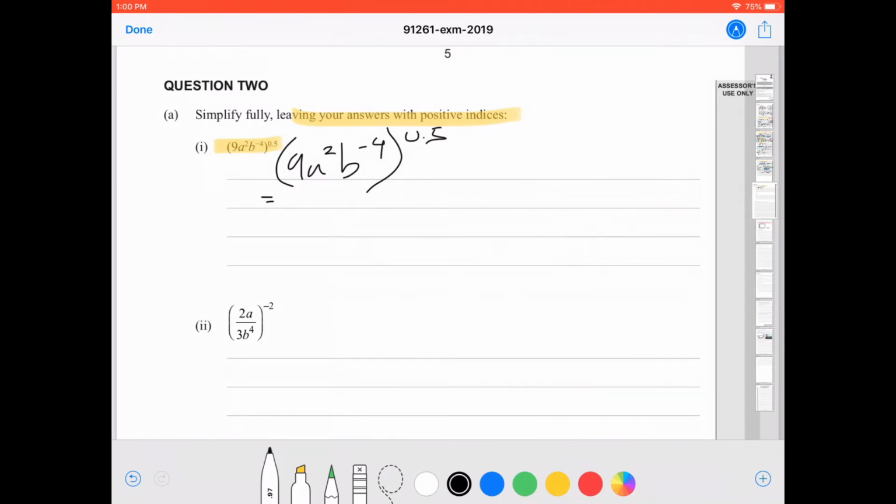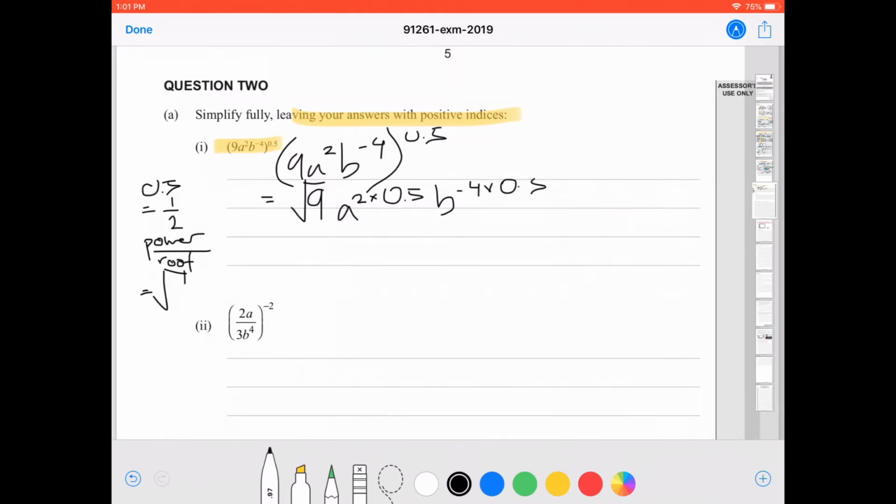And what I mean by that is the first thing we're going to say is root 9. And where did that come from? Well, 0.5 as a power is the same as 1/2, and with fractional indices, it's power over root. And so 1/2 is the same as saying square root. So we've got root 9 and then a, and it's powers on powers, so 2 times 0.5, and that's the same for b as well, negative 4 times 0.5. So let's just tidy this all up.